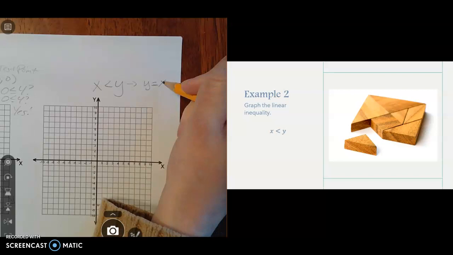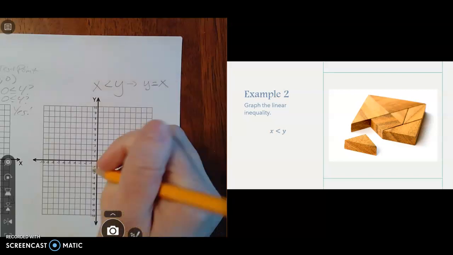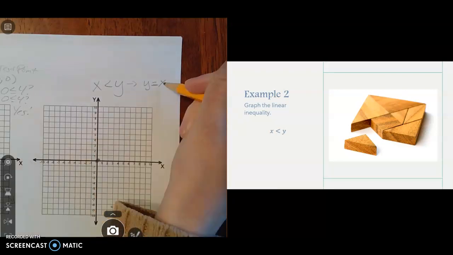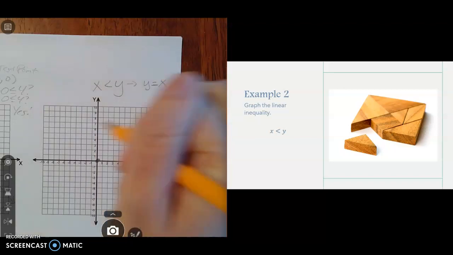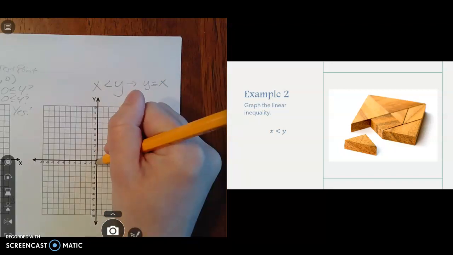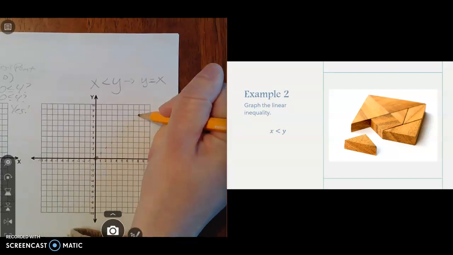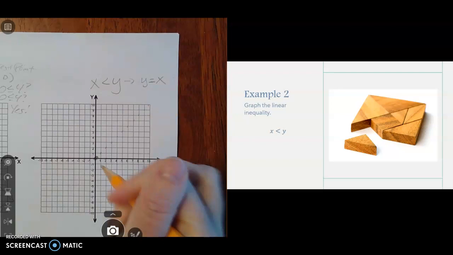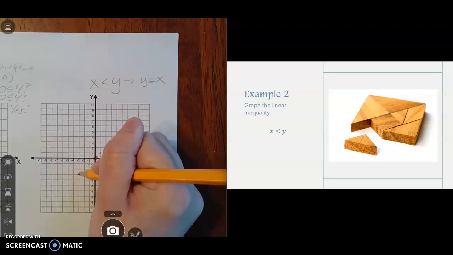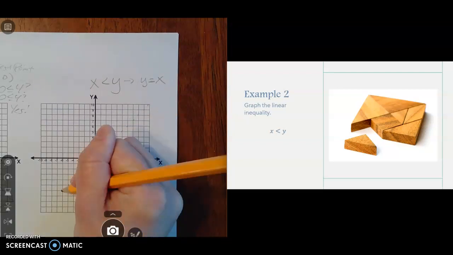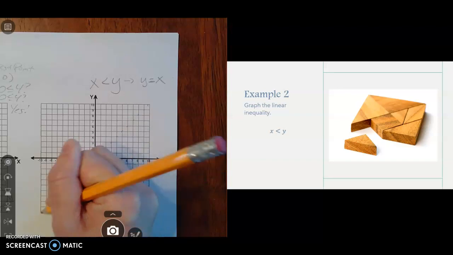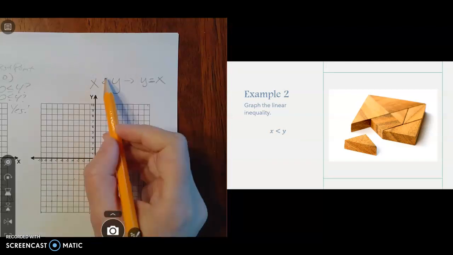If you notice, that's like plus 0 over here. So y-intercept of 0, and it has a slope of 1, because that's 1x. So my slope is 1, so I'm going to go up 1 over 1, up 1 over 1, up 1 over 1, as many times as I feel like. Or we could go down 1, left 1, as many times as I feel like.